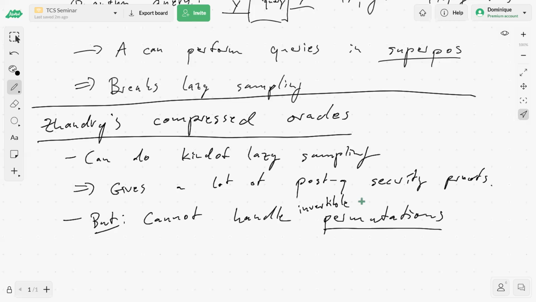So far it was not known how to handle invertible permutations. And as far as I know, there is actually no result at all that gives any quantum query complexity or anything for invertible permutations. So we don't know even simple facts about invertible permutations to the best of my knowledge. So it seems that the technique that I'm going to show you today is actually the first technique that allows us to do anything in that direction.